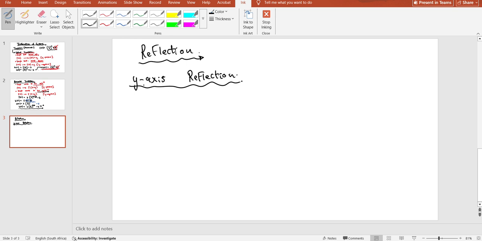So again, if it's a y-axis reflection, the x will become negative. But since we're talking about graphs here, we're not talking about a point, we're talking about graphs. If you have an f of x like that, how would a y-axis reflection look?